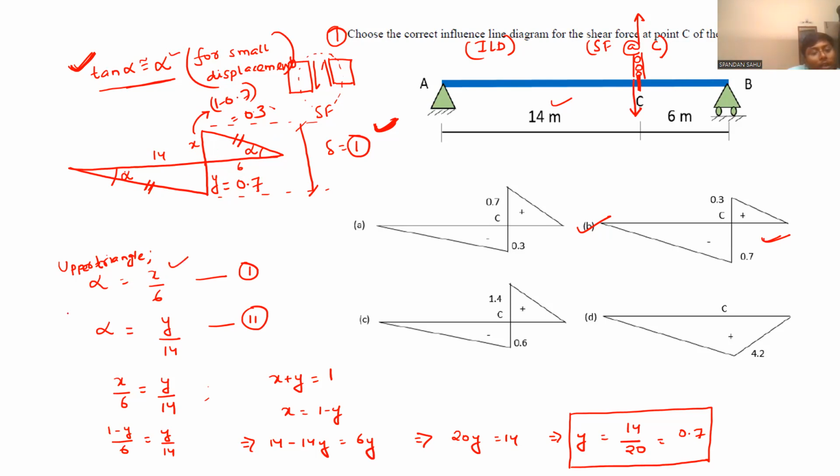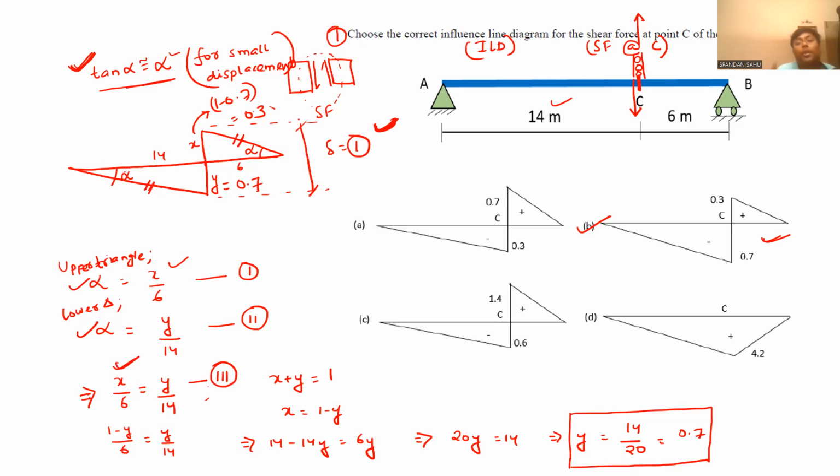Similarly, when you take the lower triangle, what will be tan alpha or alpha? It will be y by 14. And these alphas are equal. So you get one equation, let us say equation 3, from this.